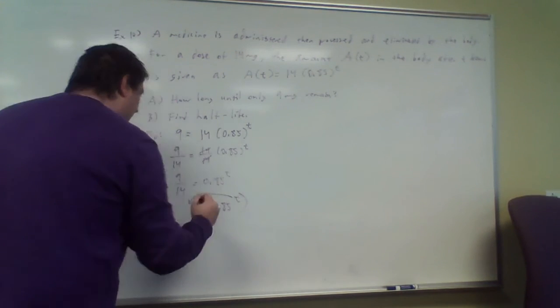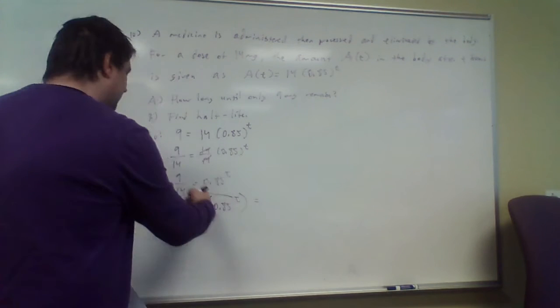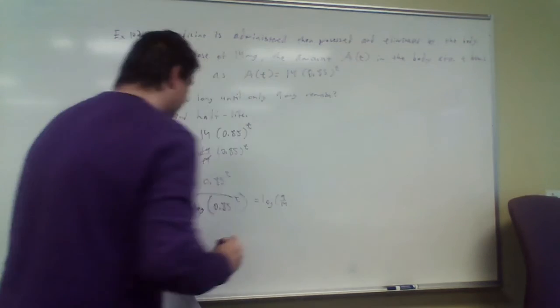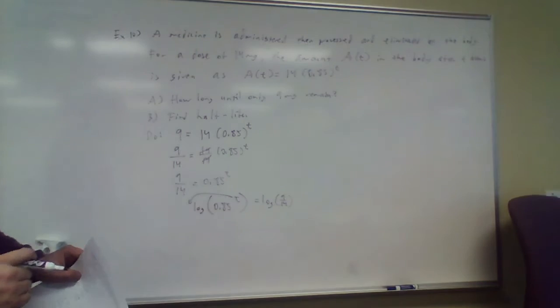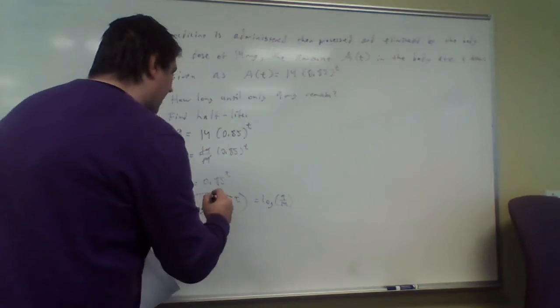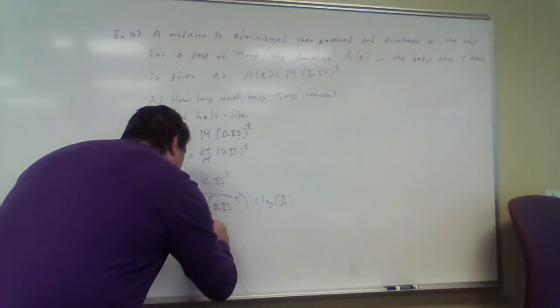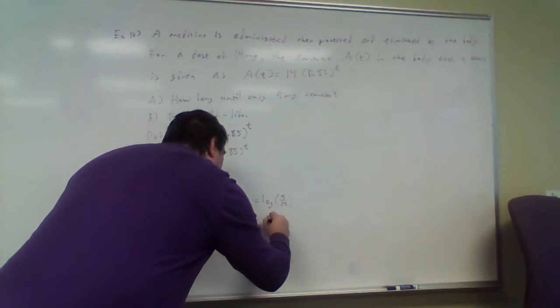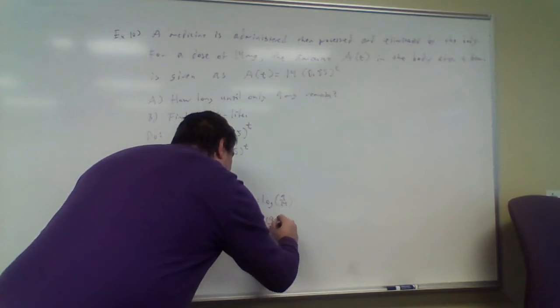And that t will be able to go to the front. If I do that to this side, I also have to do it to the log of 9/14. So I have t log 0.85 equals log of 9/14.